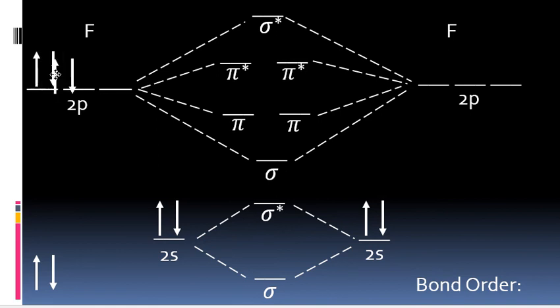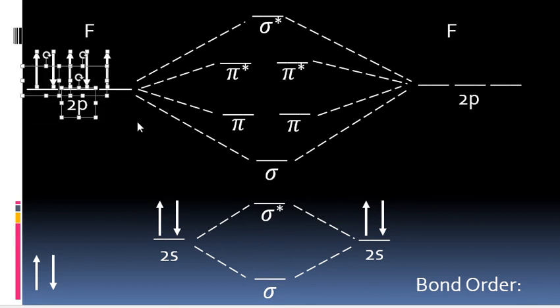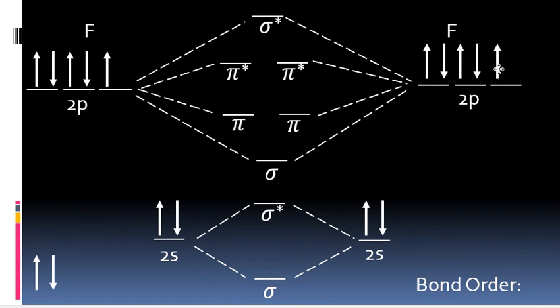Technically I should fill each p orbital once and then start doubling up. Well, I'm just going to cheat a bit for the sake of time. So let's take those and duplicate them and put them over to the other set of 2p orbitals from the other fluorine atom.